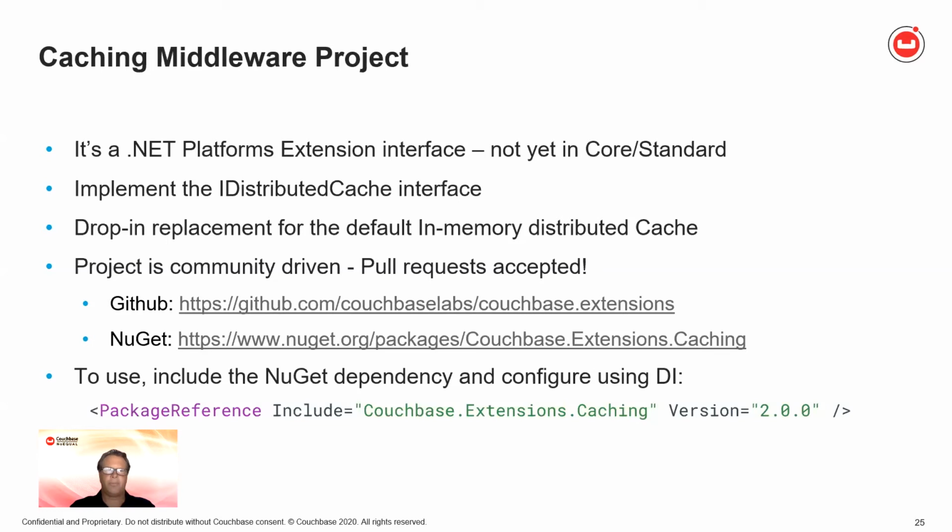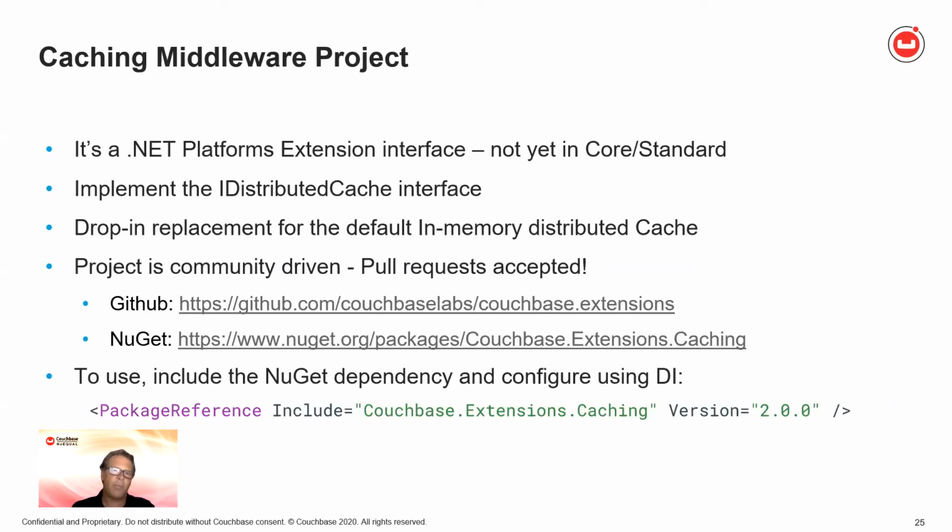It's so common to use these middleware with Couchbase that we have a couple of community-driven projects. They're not officially supported, but they are community-driven projects. We're on GitHub. You can file issues, you can contribute, or you can simply use it by going to NuGet and typing in this URL on NuGet.